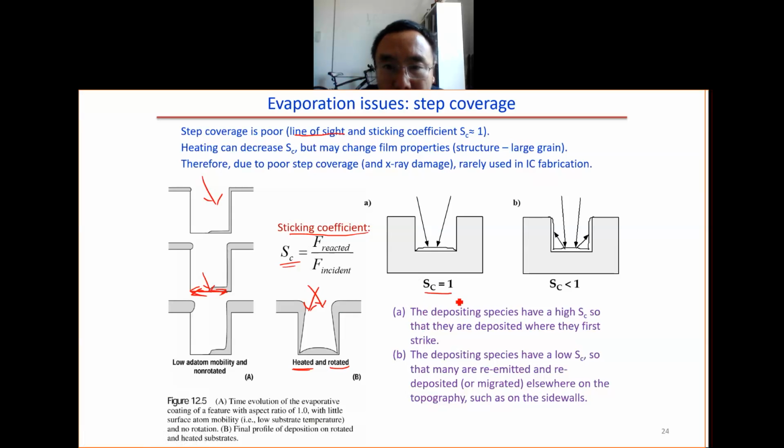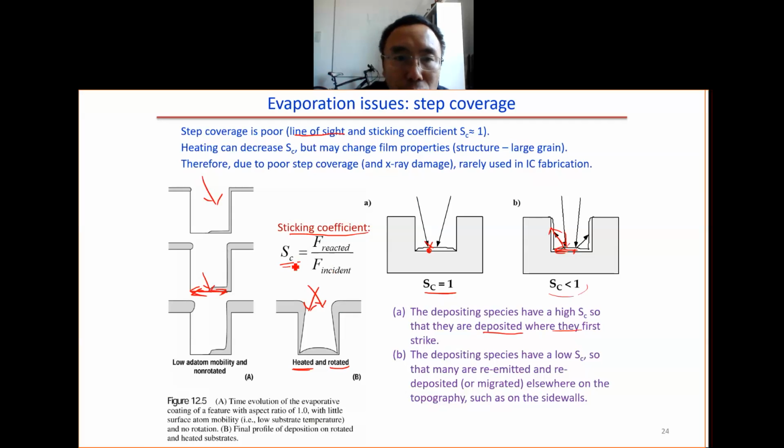If SC equals 1, that means the film will get deposited where they hit the first strike. That means they come to here and they stay here. If SC is less than 1, that means they come to here, they can bounce back or they can move around. Then we have sticking coefficient less than 1.